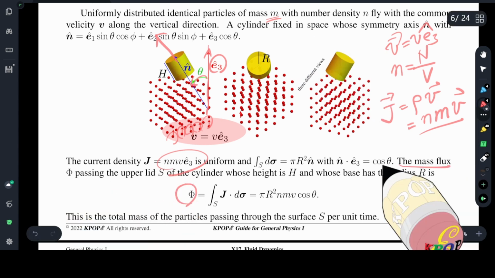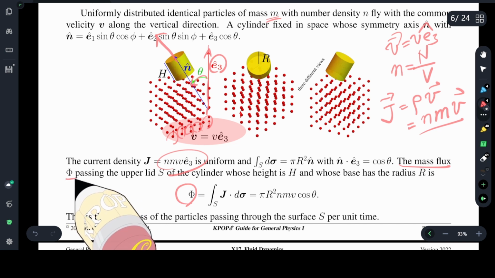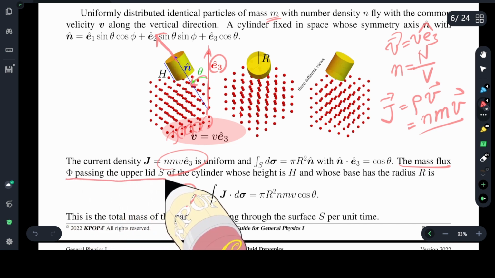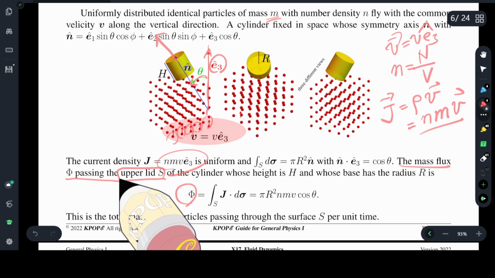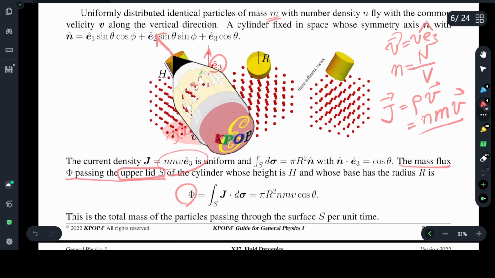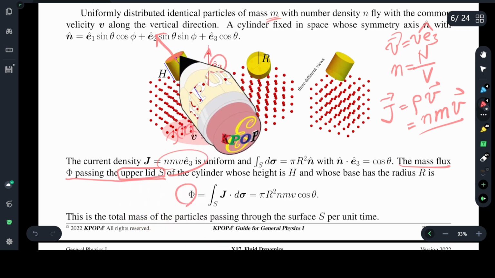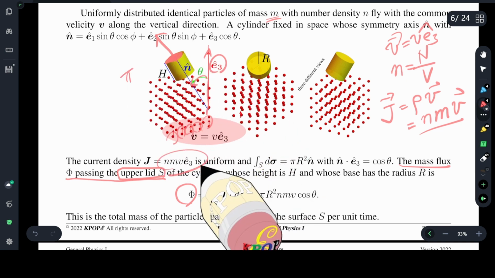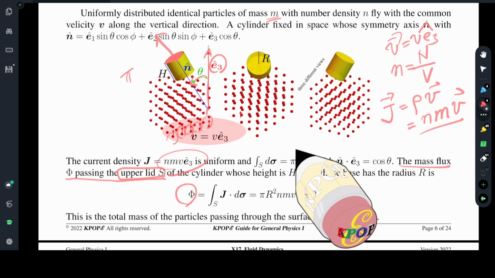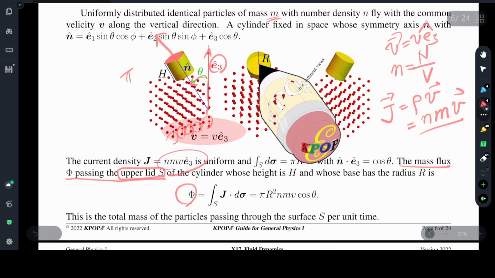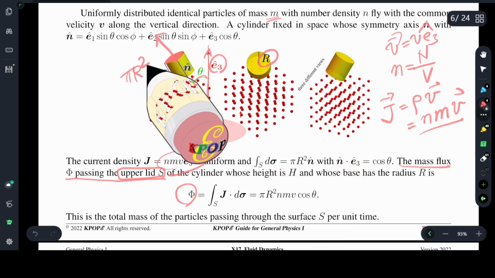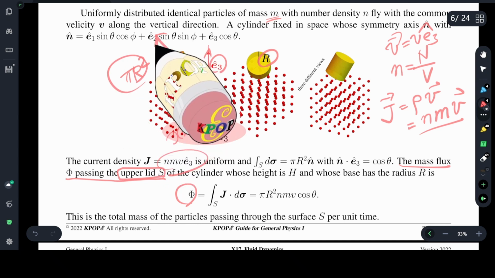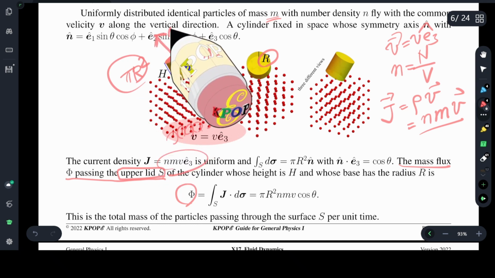The mass flux phi passes through the upper lid S, this surface. The area is pi r squared, where r is the radius, and the direction is along the n hat direction.